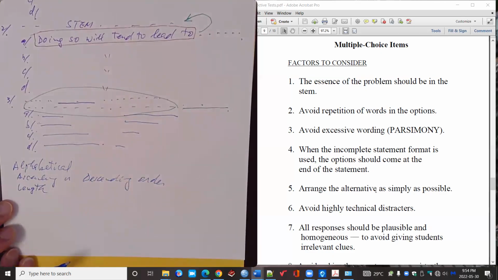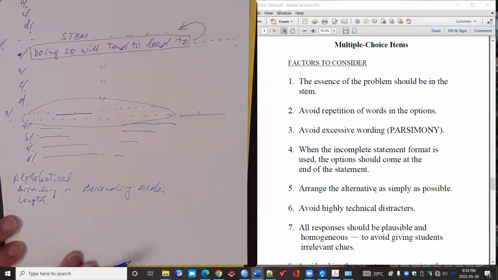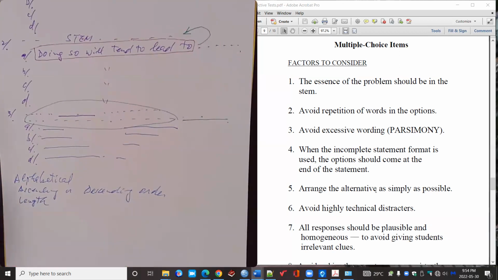So if you follow this for all multiple choice test items, then you are less likely to give away unintentional clues to the examinees. All right. So, okay. Avoid highly technical distractors. All right.